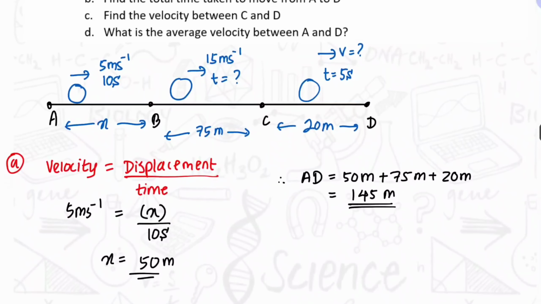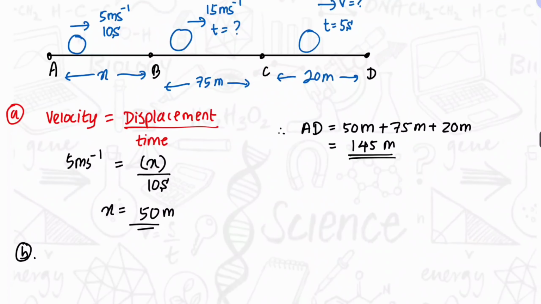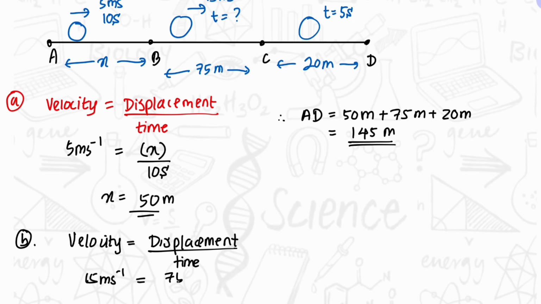Now the second part is to find the total time taken to move from A to D. For that, we need to find the time taken to travel from B to C. For that, we can write the equation velocity is equal to displacement over time. The velocity is 15 meters per second, the displacement is 75 meters and time, let's say it is t.